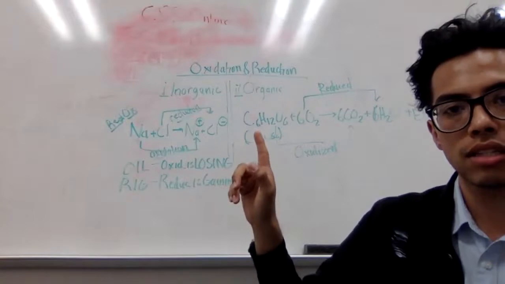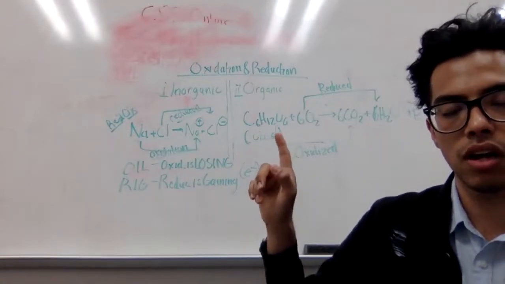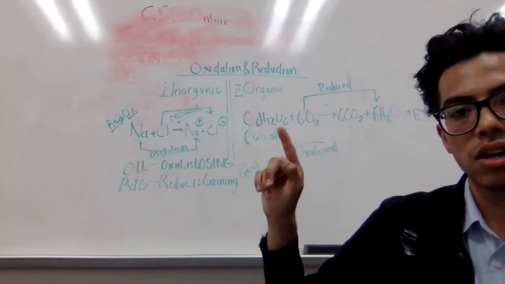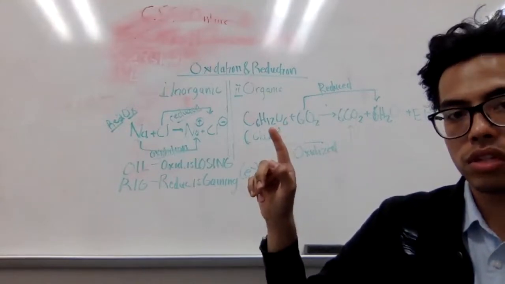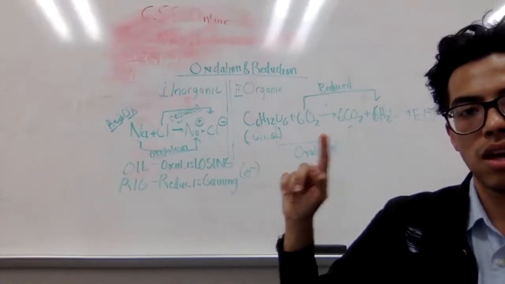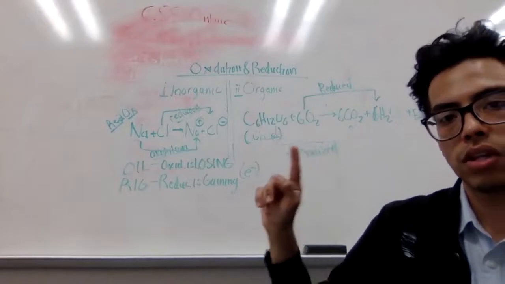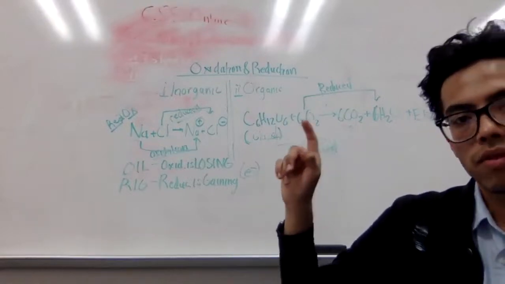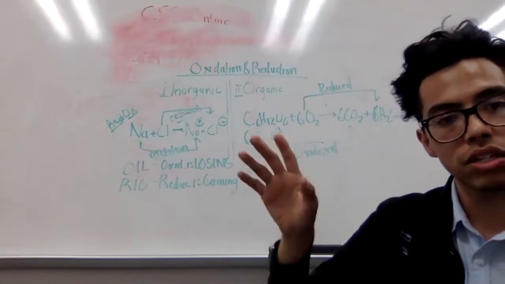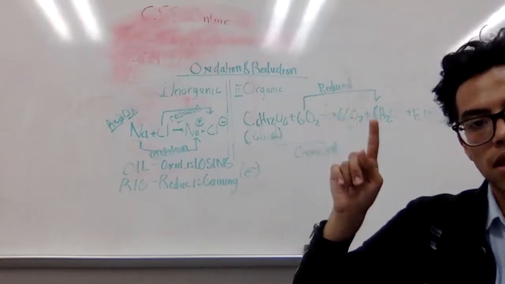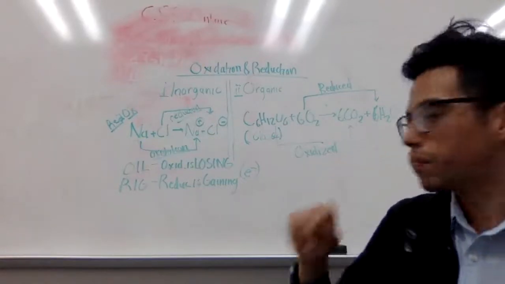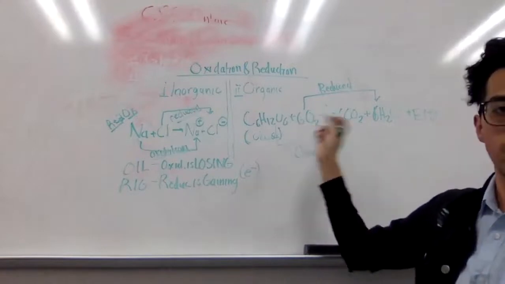If you look at glucose, and that becomes CO2, that one is going to be losing CH bonds, and it's going to be gaining CO bonds. And so that's how we determine this is an oxidation reaction. However, if you look at O2, in the beginning, O2 does not have any bonds to hydrogens, but it gains them. It gains bonds to hydrogen, and it becomes water, H2O. And so that's what we call reduced.